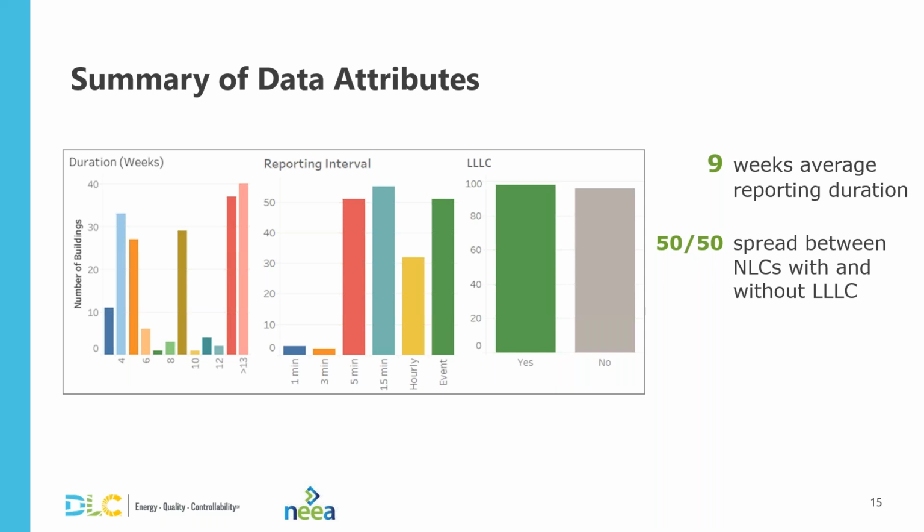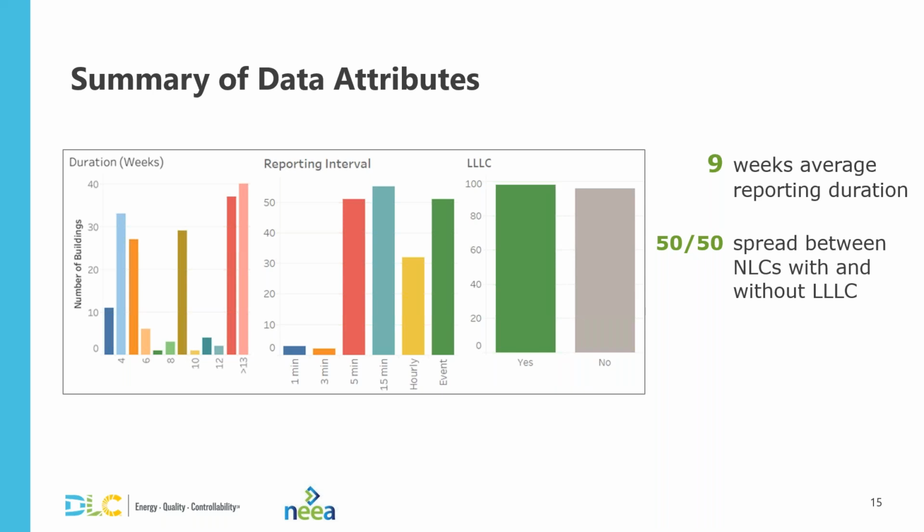In addition, about a quarter of the data sets were event-based, which means data was recorded when a light level change occurred due to, for example, occupancy sensing or daylight dimming. Lastly, during the study, we made an effort to collect energy data from NLCs both with and without luminaire level lighting controls, or LLLCs.